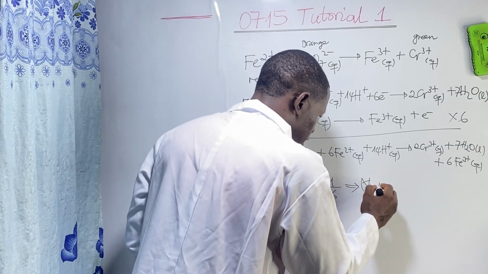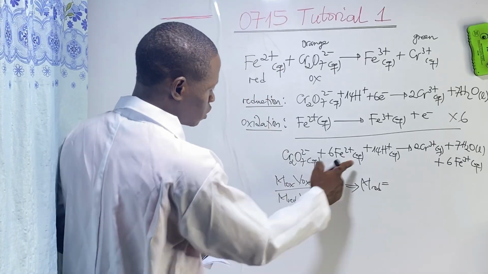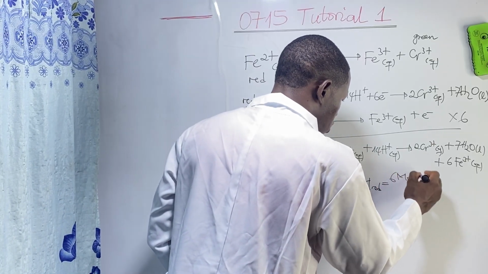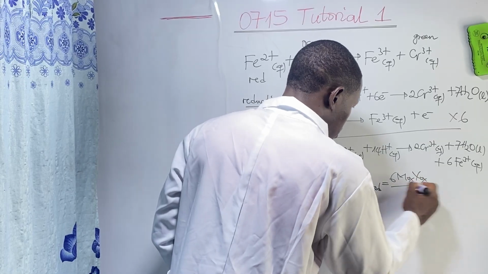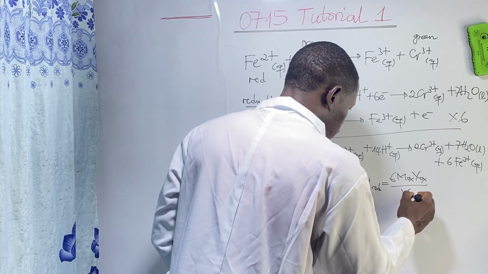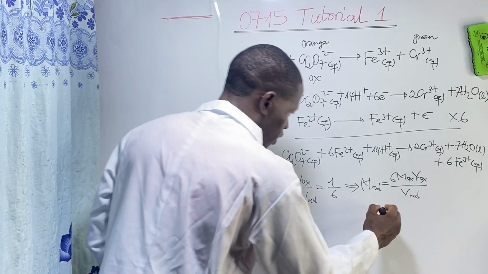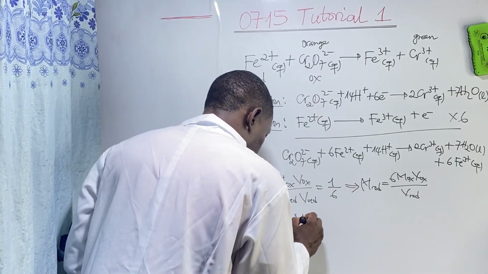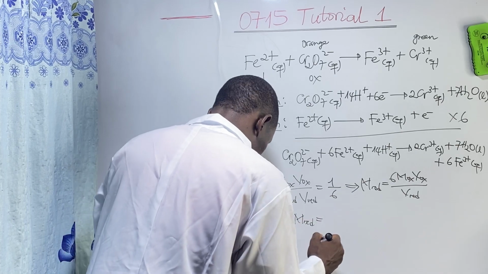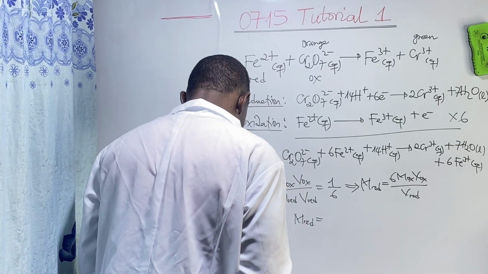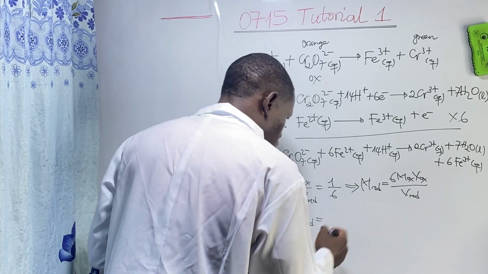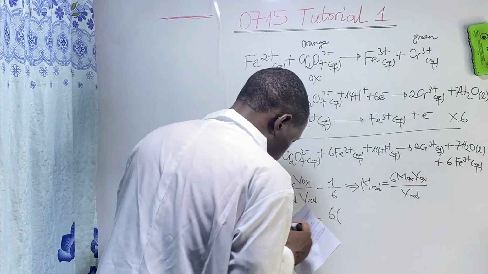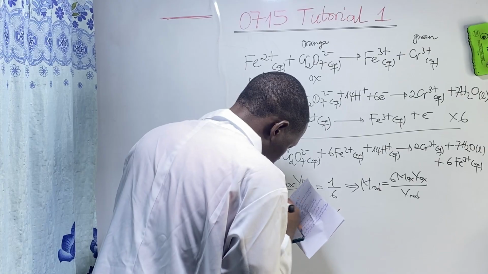We are asked to find the molarity of the iron 2, so the molarity of the reductant. We cross multiply and send 6. Molarity of reductant is equal to 6 times molarity of oxidant times volume of oxidant, all over volume of reductant. We substitute the values. Molarity of oxidant is 0.05, as given in the question.